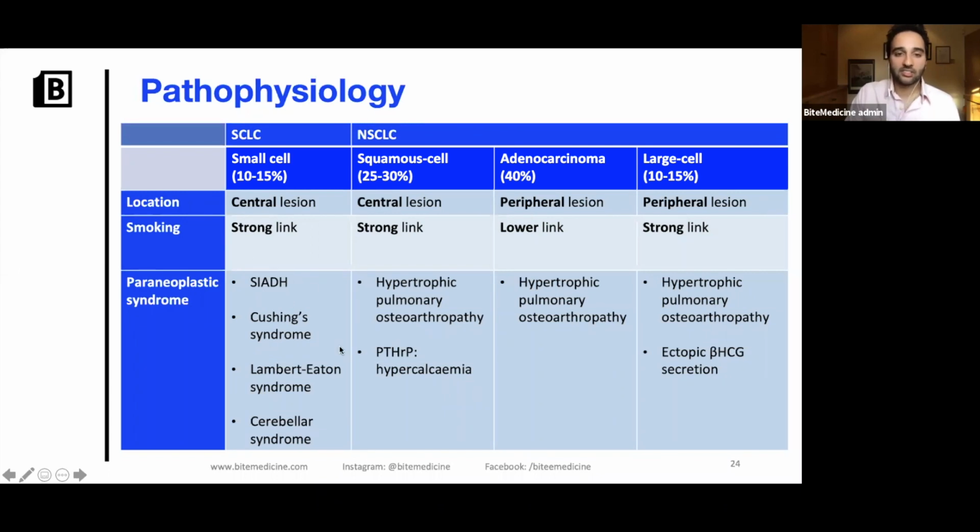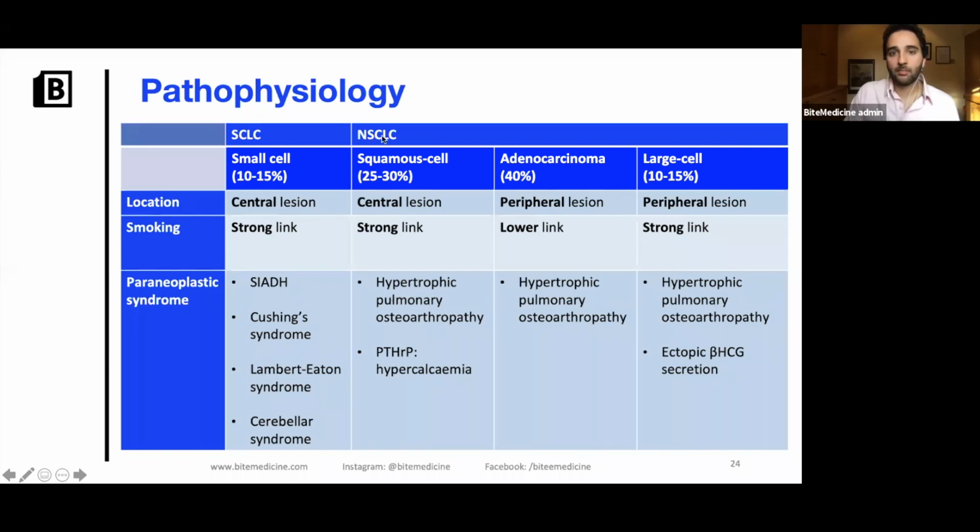So SIADH, like we talked about, Cushing syndrome, Lambert-Eaton and small cell lung cancer. This is when you have antibodies to your presynaptic voltage-gated calcium channels, and it causes weakness, non-fatigable weakness, which is one of the features that differentiates it from myasthenia gravis. And then cerebellar syndrome, like we talked about.